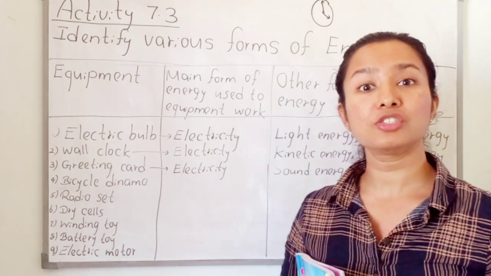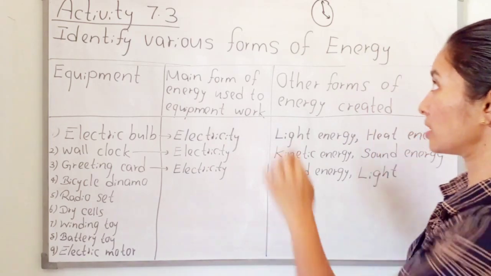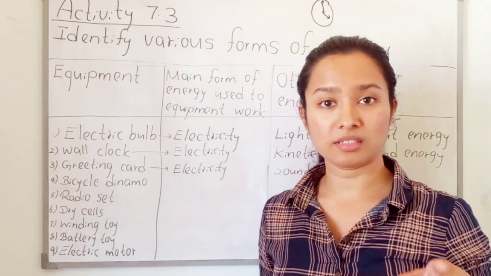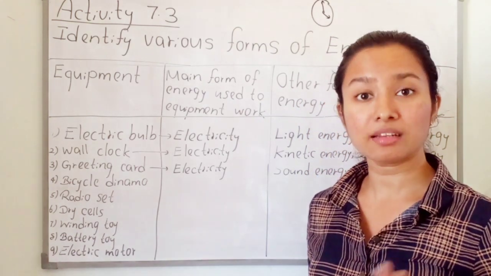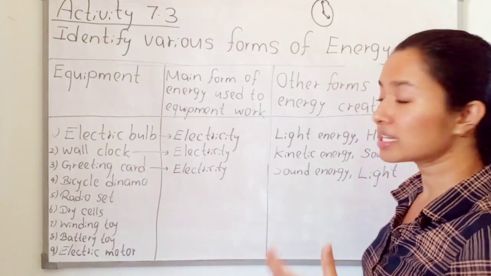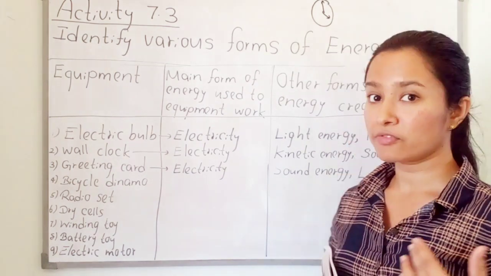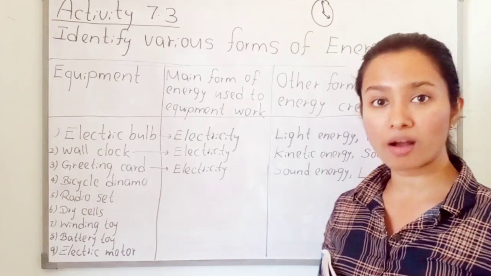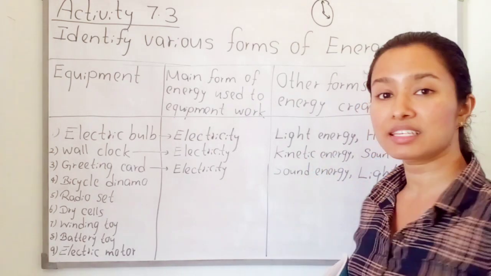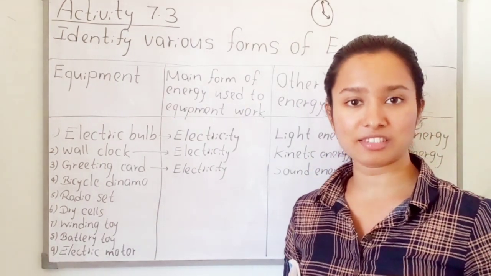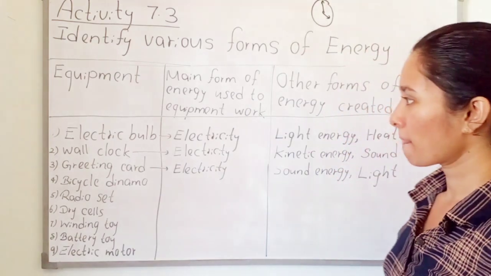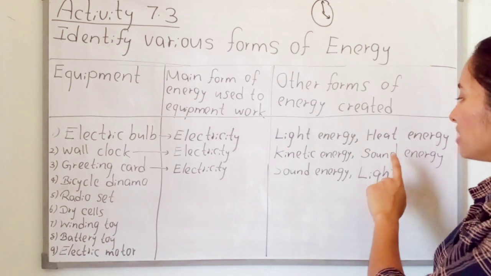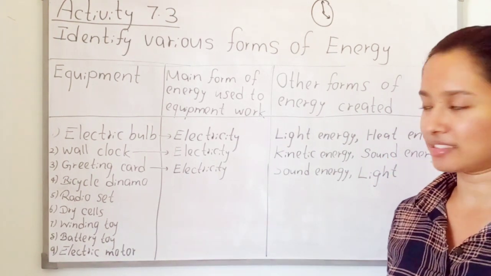Kinetic energy means chalaka shaktiya. When working some equipment, if there is a movement or rotation, we call it kinetic energy. So when the wall clock works, kinetic energy and sound energy are created.